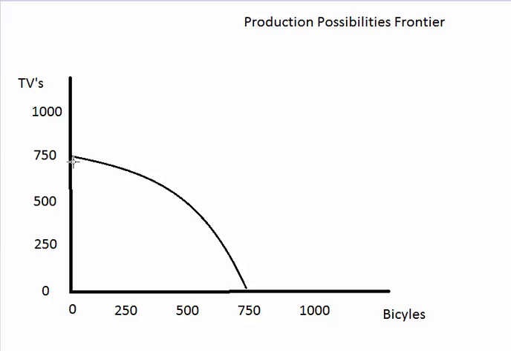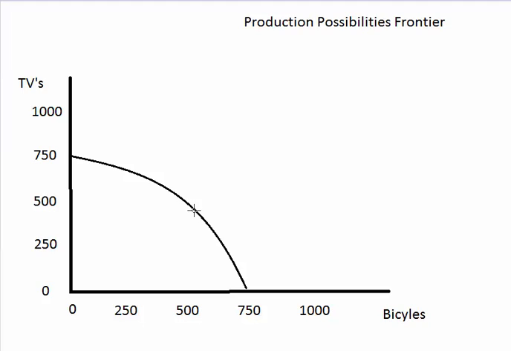So over here on our y-axis, we can see that this nation can produce 750 TVs if it produces 0 bicycles, so it puts all its effort into producing TVs. Over here on the x-axis, we can see 750 bicycles, the same. The nation can produce that many bicycles if it puts all its resources into doing so.